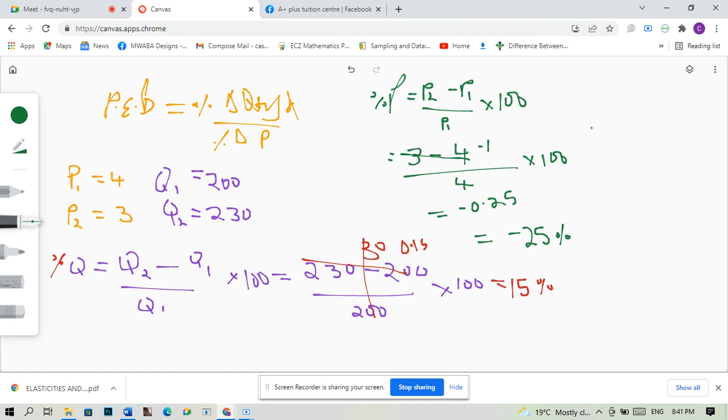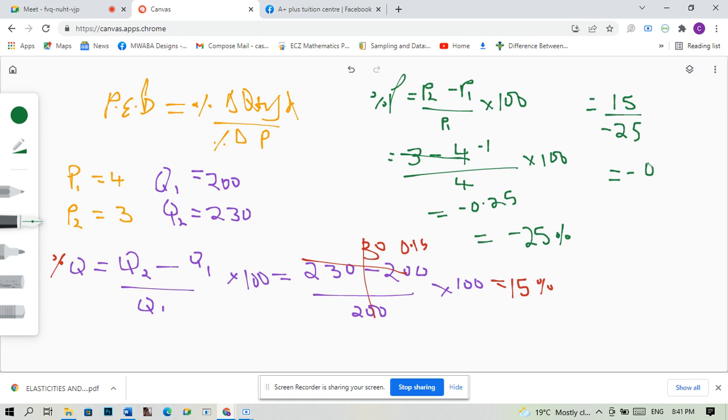So now we'll find our PED. So remember, PED is percent change in Q, which is 15%, by the percent change in P, which is price, so 15 divided by -25, we get -0.6.